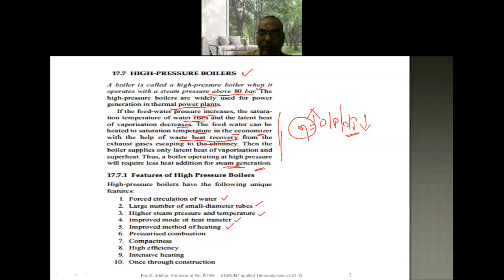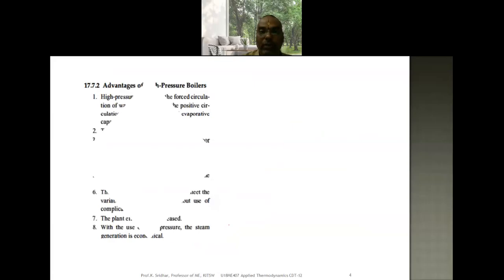Instead of the chain grate mechanism, here we have a pulverized, pressurized combustion mechanism. They are very compact, and they give you high efficiency, intensive heating, and once-through construction. These are the salient features of the high pressure boilers.